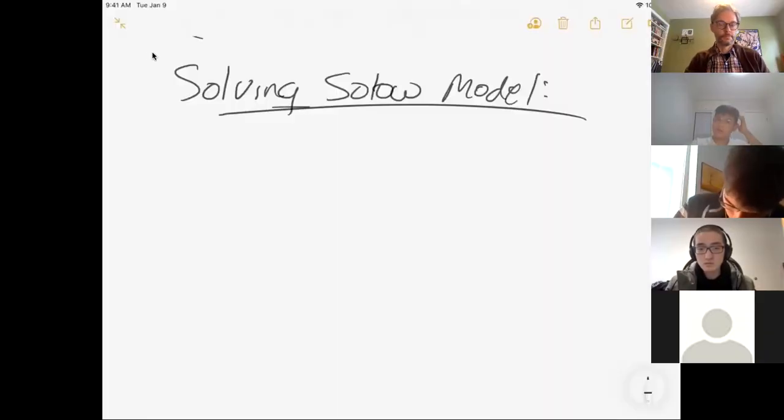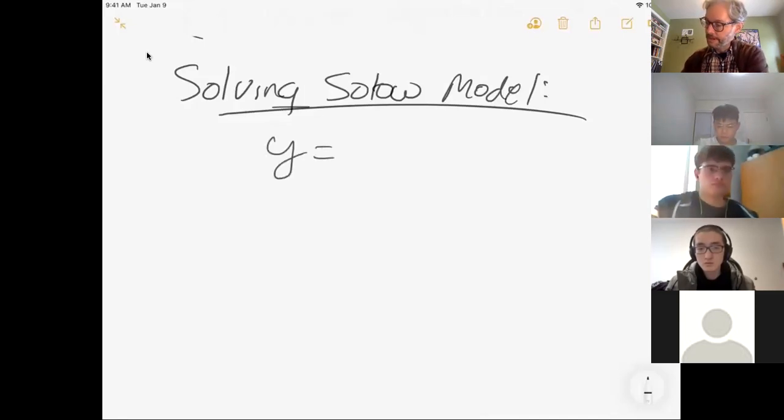All right. So let's jump back into this and talk about how we can solve our Solow model. Right? We can solve our Solow model here. So before break, we had basically come up with two equations.